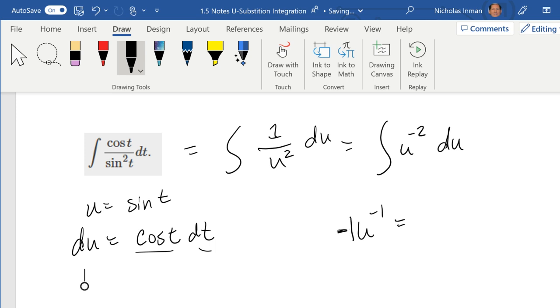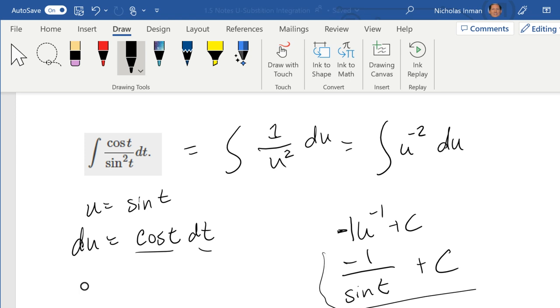Replace what we have our u with, forgot my plus c. And we've got negative 1 over sine. Oof, don't want to do that. That's not sine inverse. All right, let's just write this as a fraction. And we've got our integral. Perfect.